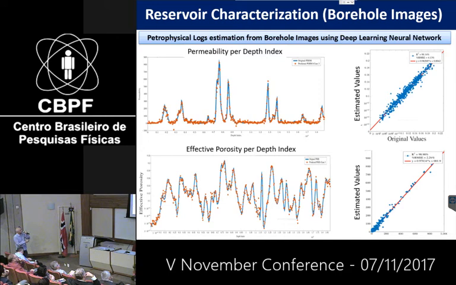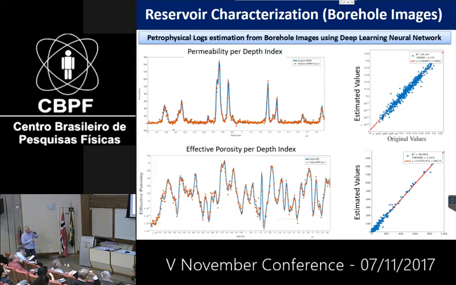The blue line here represents the permeability as a function of the depth of the borehole. And here, the blue line in the lower part represents the effective porosity as a function of the depth along the borehole. You can select a small set of experimental points to train a deep learning machine, or neural network.